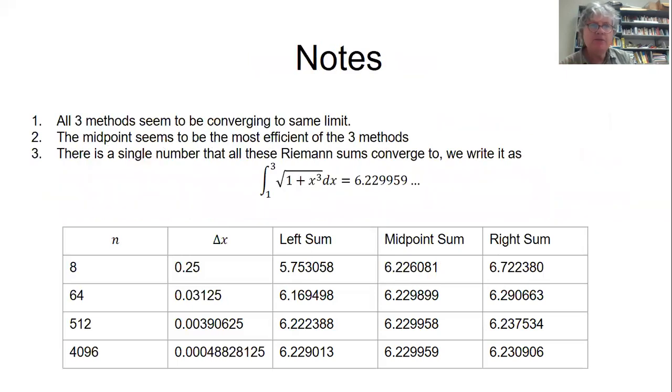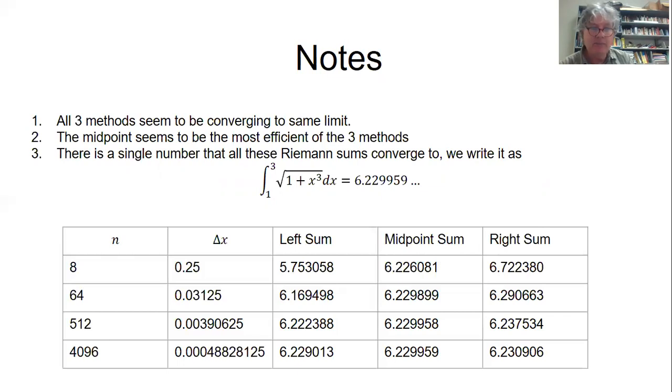So what do we notice about this? All 3 methods seem to be converging to the same limit. That's the important lesson: no matter how we choose our sampling points, we're going to get there. But if you look at it, the midpoint sum is way, way faster.